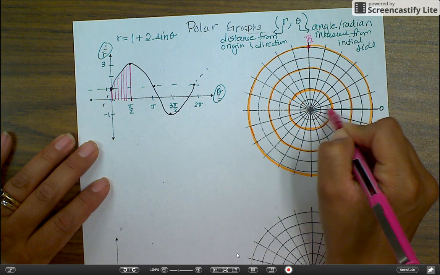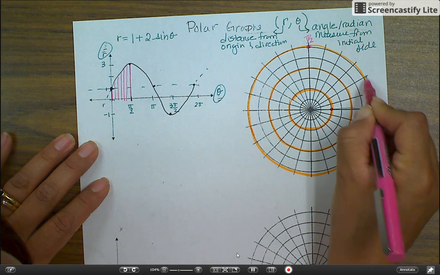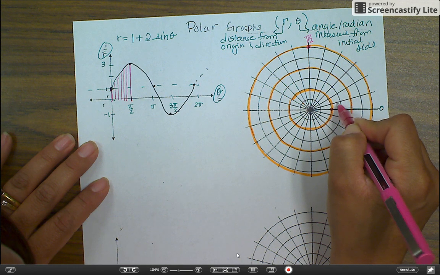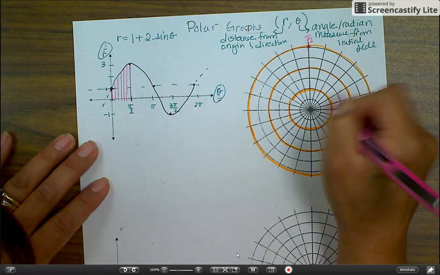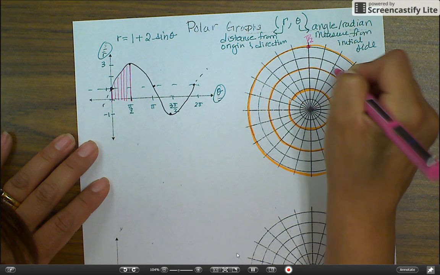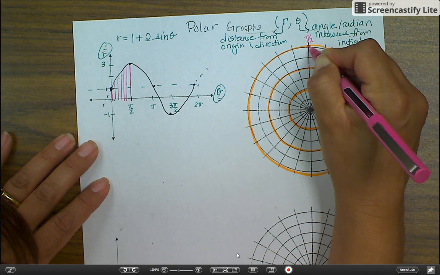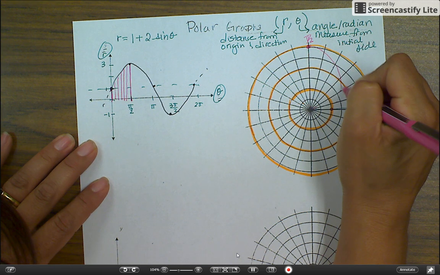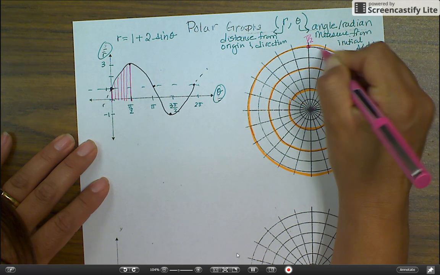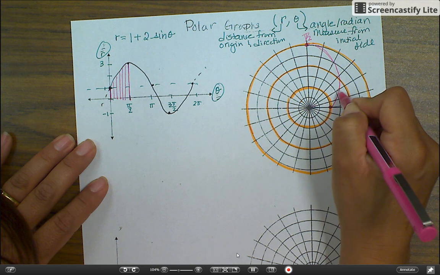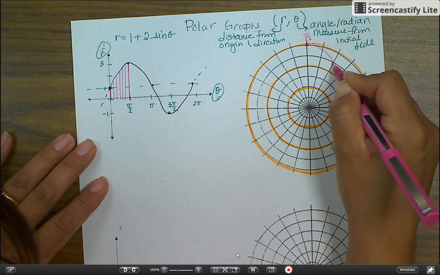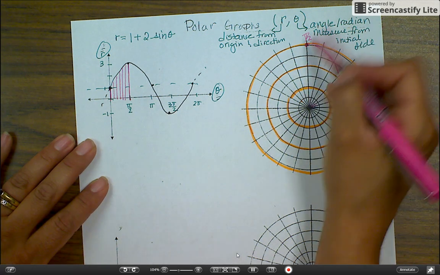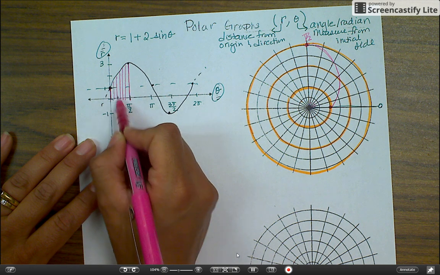So as I progress on each of these, I know this is going to be past 1. It's going to increase, increase, increase. I don't know how fast it's increasing, but it's going to go all the way up to 3. So I'm going to do something like this. All I did was go out, out, out. Each time I went further until I got to 3.